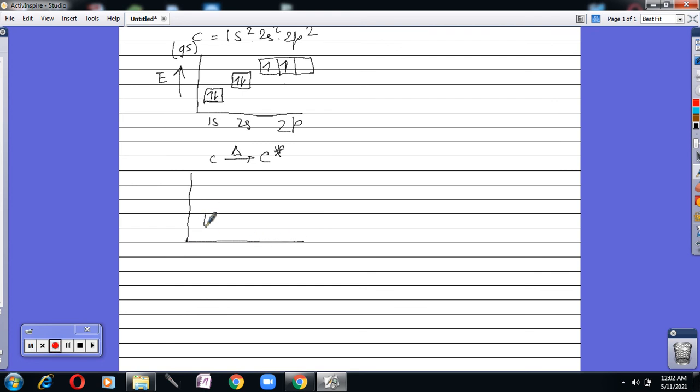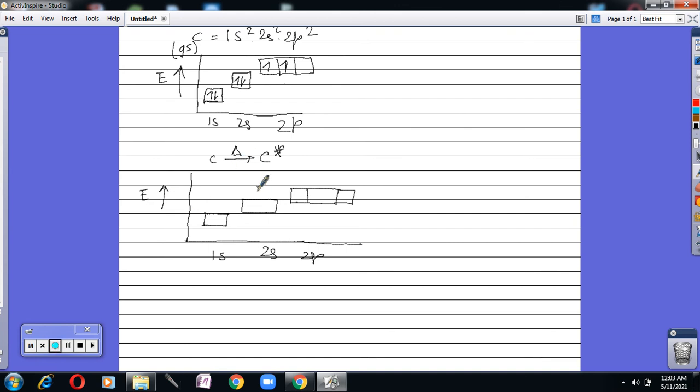In the same way, we have to draw first the 1s orbital, 2s orbital, this one is the 2p orbital, right? And this one is the energy.